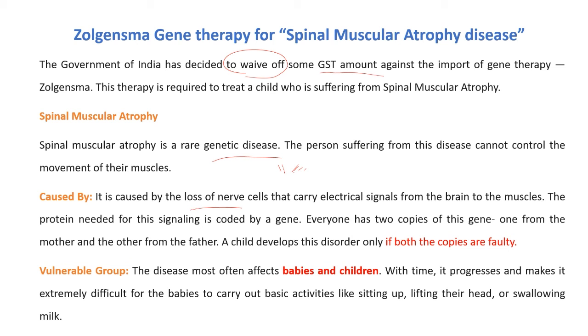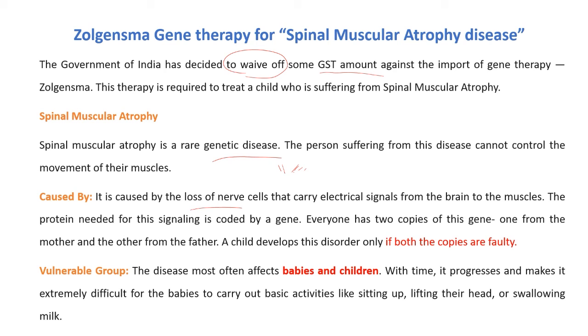This gene has two identical copies. Every child or baby has these two identical copies of the gene from its mother and father. When a fault happens in these genes, this paralysis, spinal muscular atrophy disease, happens to that baby or child.